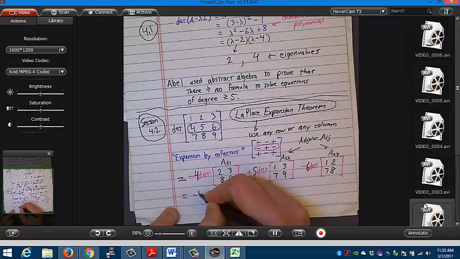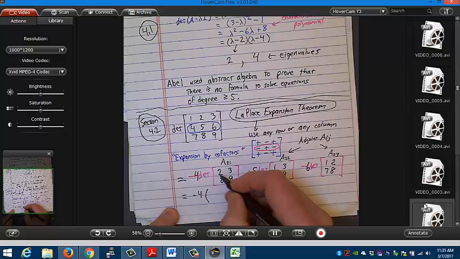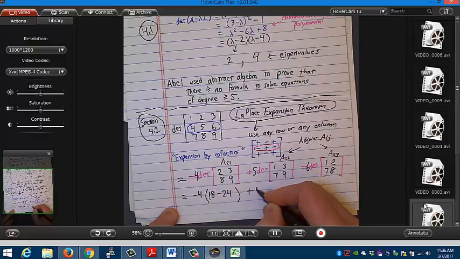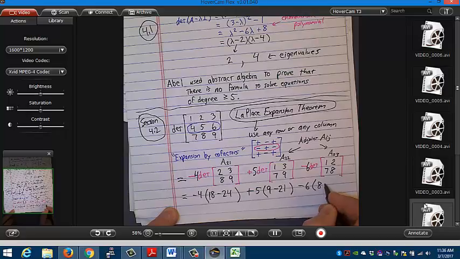I get negative 4 times what? I guess this would be 18 minus 24 plus 5 times the quantity 9 minus 21 minus 6 times the quantity 8 minus 14.